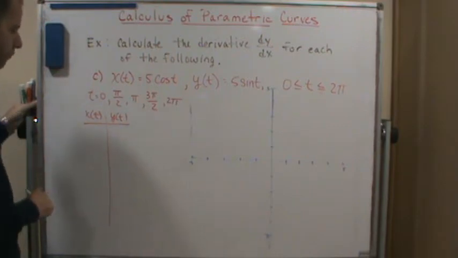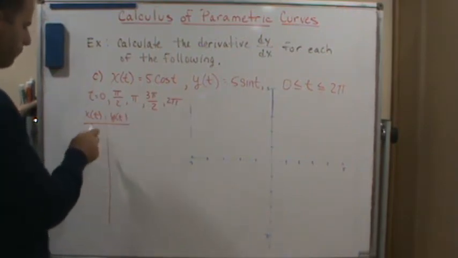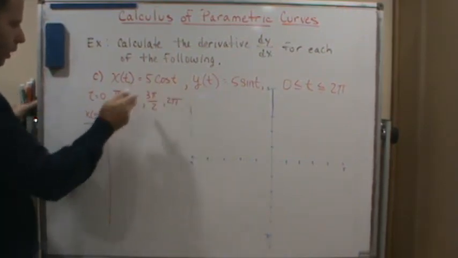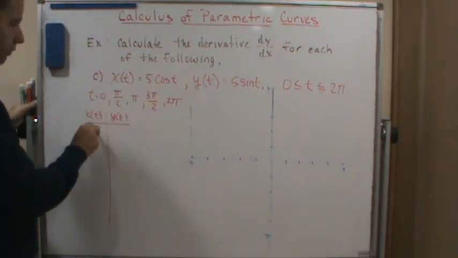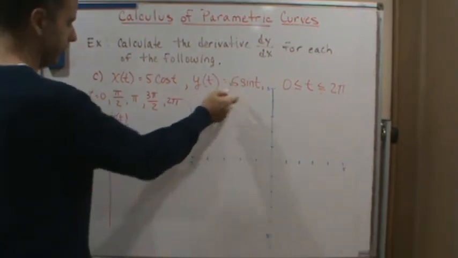So what do we get here? When t is 0, we get 1 times 5, which is 5, and this is 0.